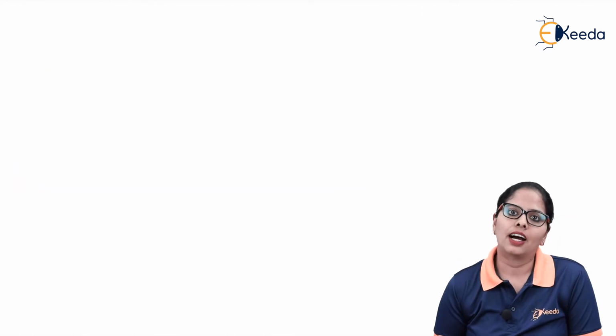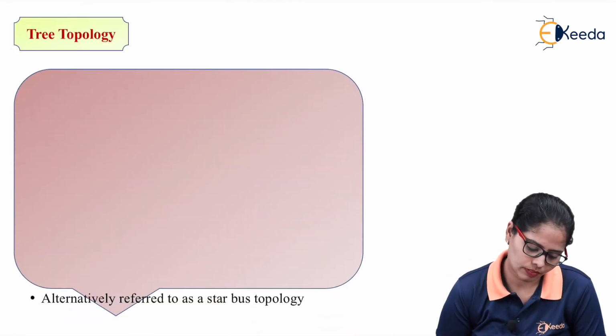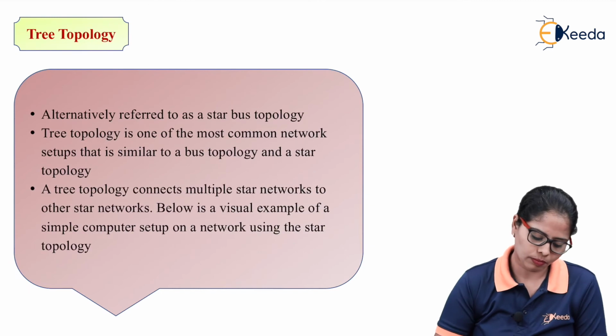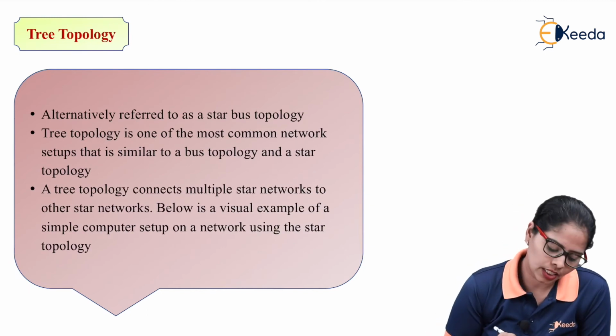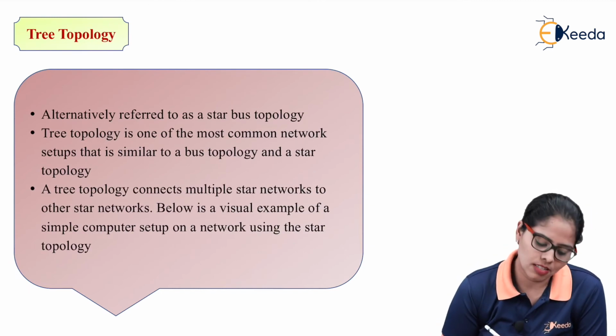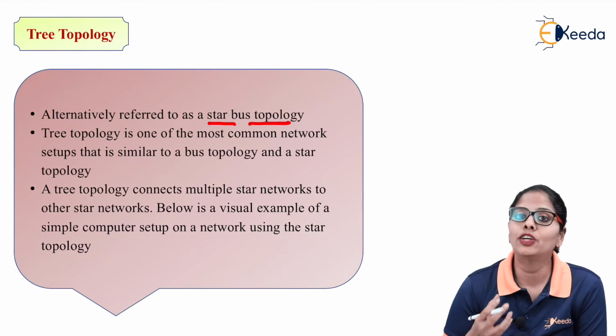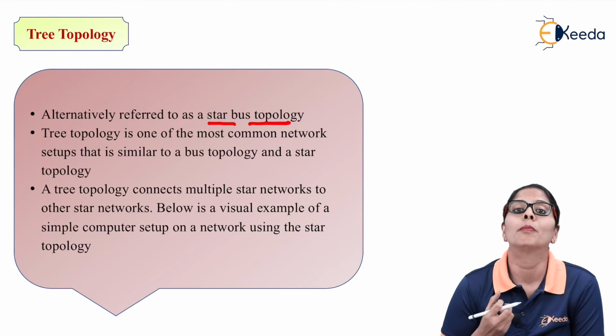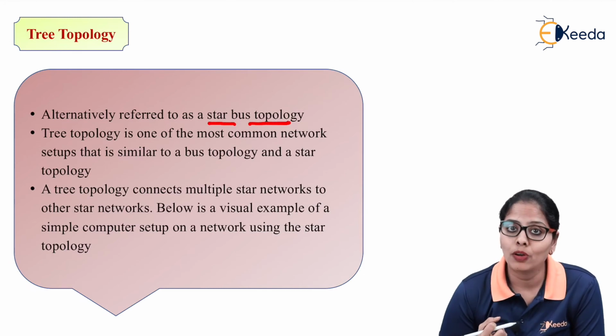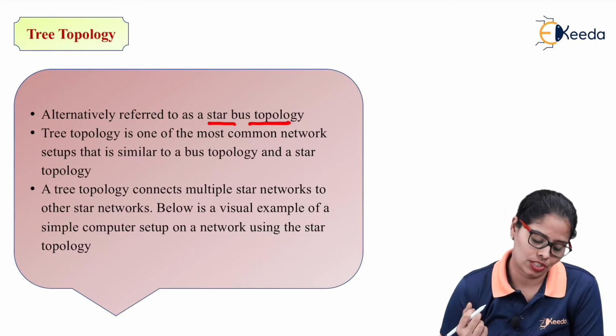Now let us start with the tree topology. This is also referred to as star bus topology. The tree topology is a combination of star topology as well as bus topology.